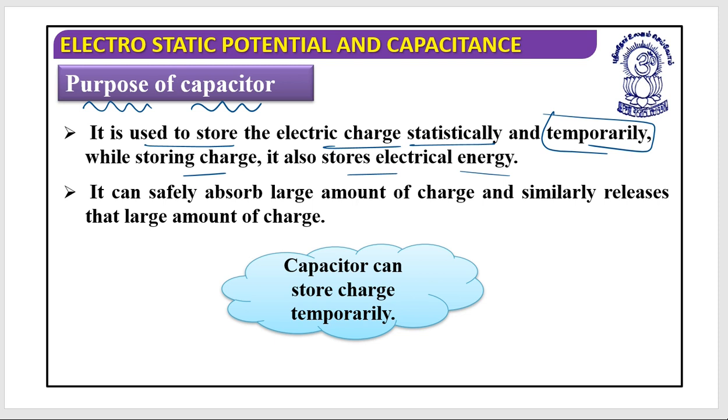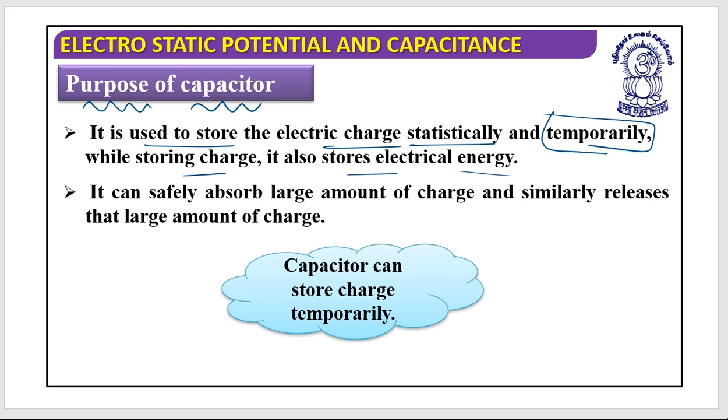When we are talking about the cell or battery, it stores the charge permanently. If you go to the market and purchase one of the pencil cells, generally of 9 volt, that stores a charge permanently.